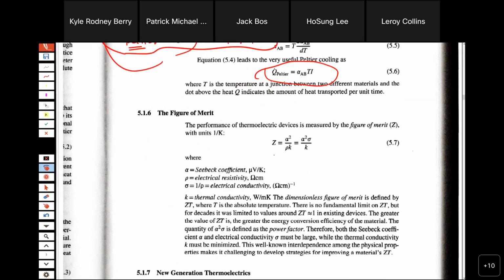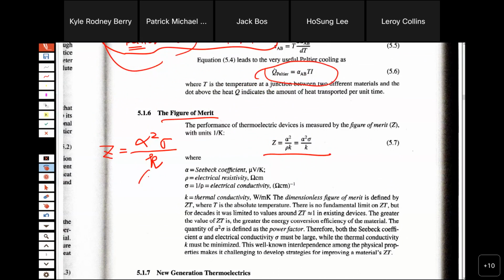Now we will discuss later. What time is it now? 5. The figure of merit is alpha squared sigma over k.